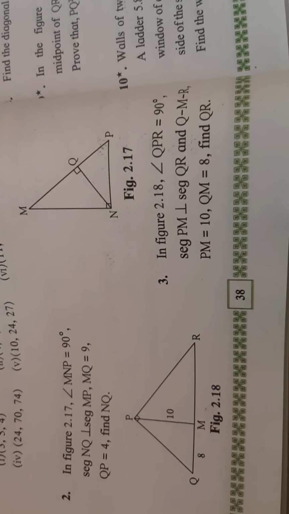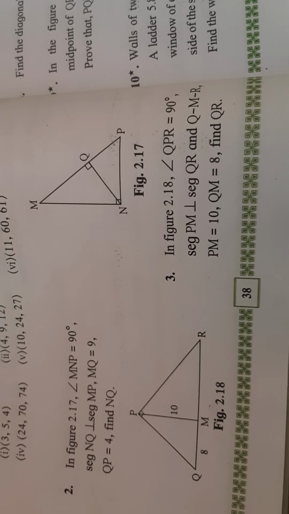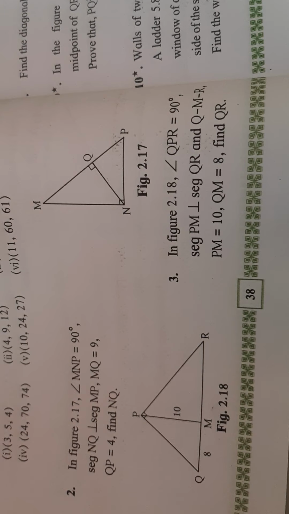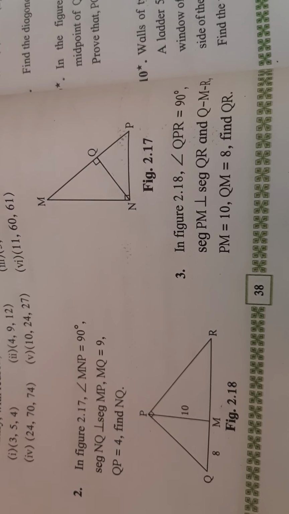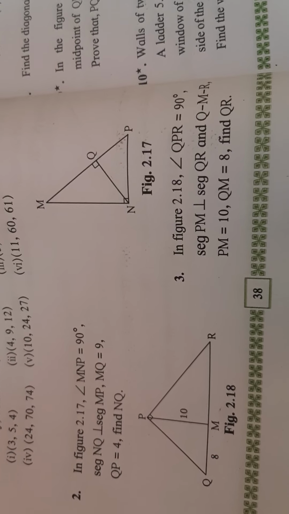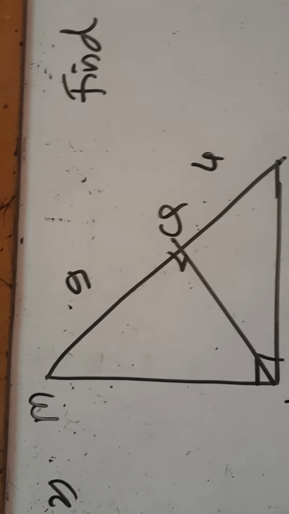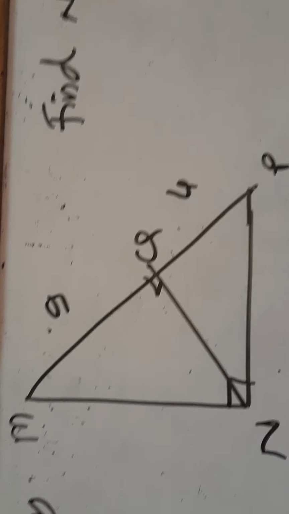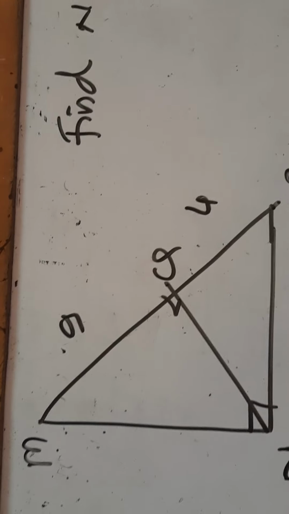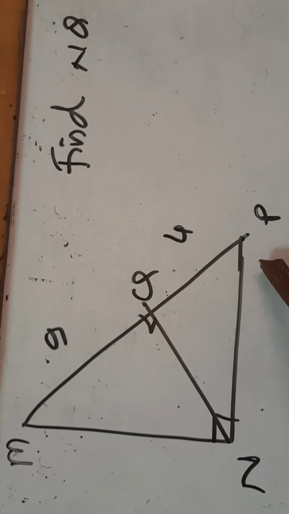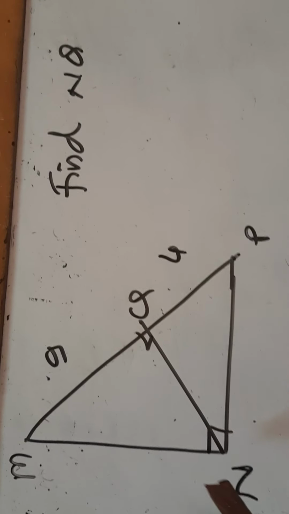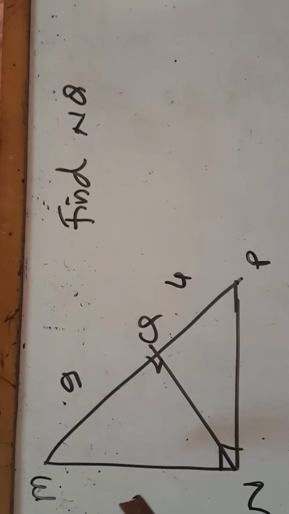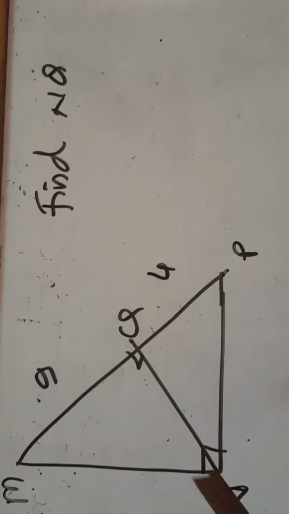Now we see the second question. In triangle MNP, angle N equals 90 degrees, NQ is perpendicular to MP, MQ is 9, QP is 4. Find NQ. If we observe the figure, MNP is a right angle triangle, and from N, the vertex of the right angle, we draw the perpendicular NQ, and we have to find NQ.